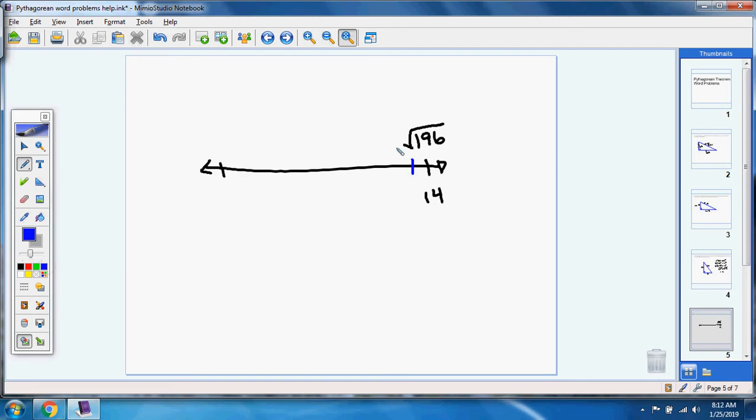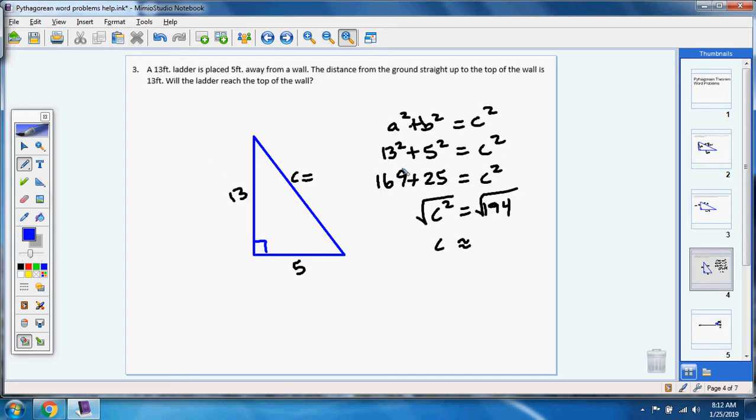So the square root of 194 is so close to that. So what should that be? 8 or 9, we'll take it. So about 13.8 or maybe 13.9.